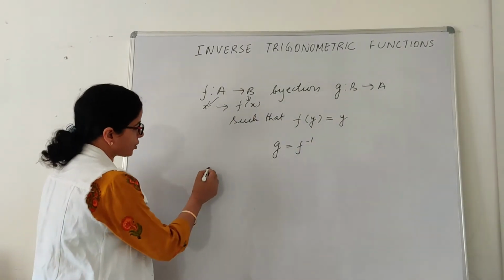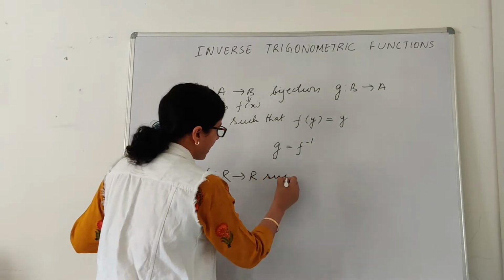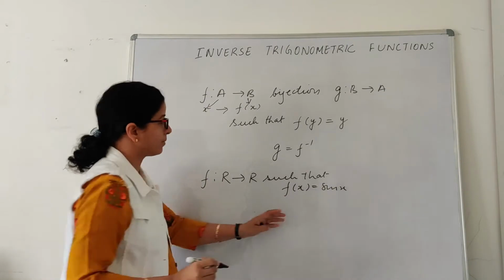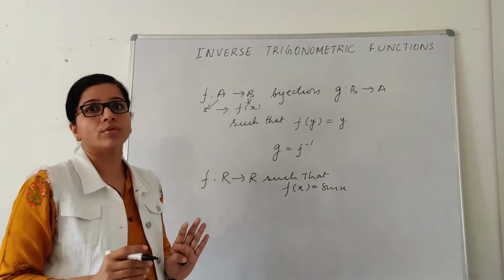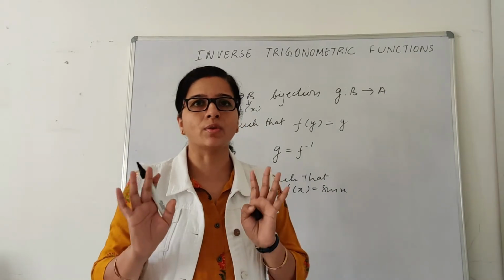So we have a function f: R to R such that f(x) is equal to sin x. Now we know that the value of sin x lies between -1 and 1.